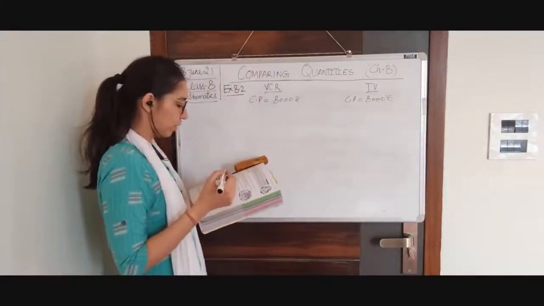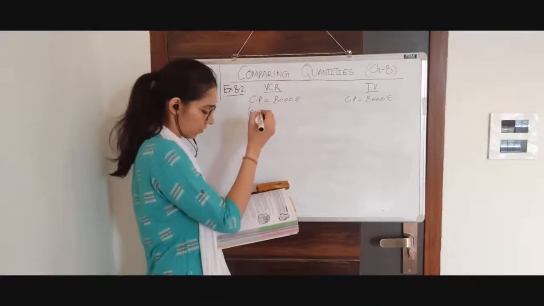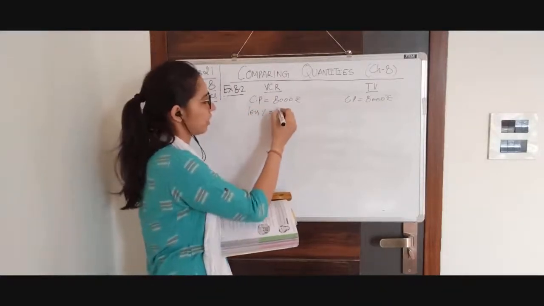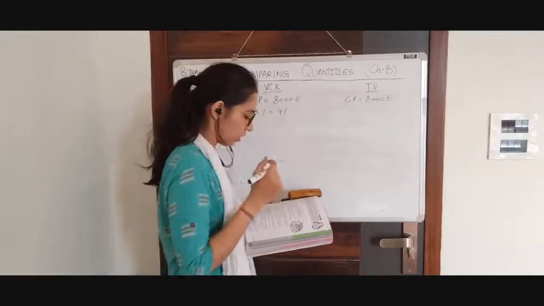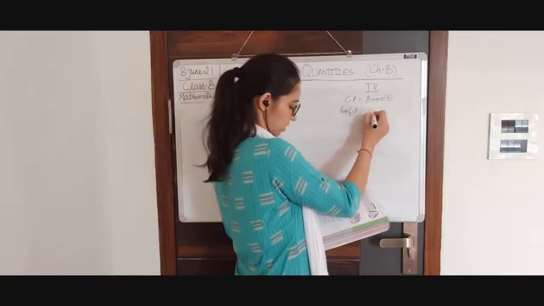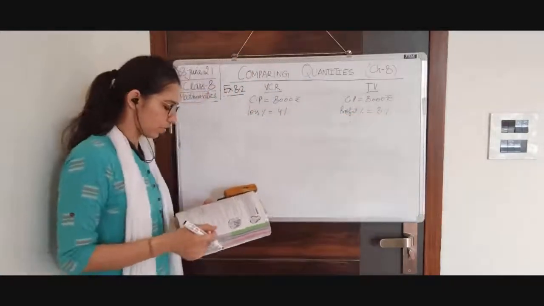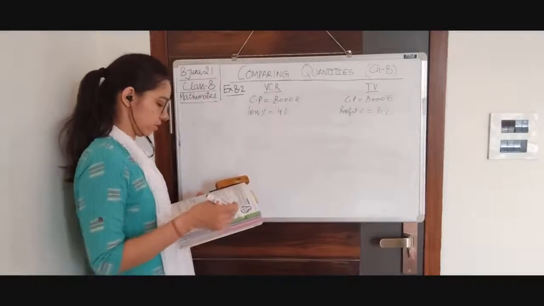The shopkeeper made a loss of 4% on VCR, and on TV he made a profit of 8%. You have to find out a net gain or loss.